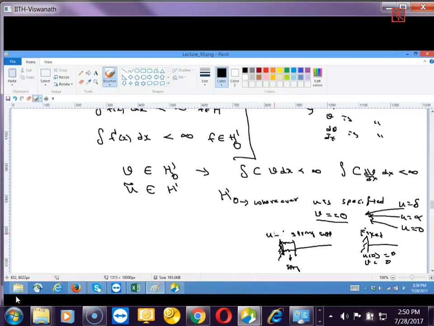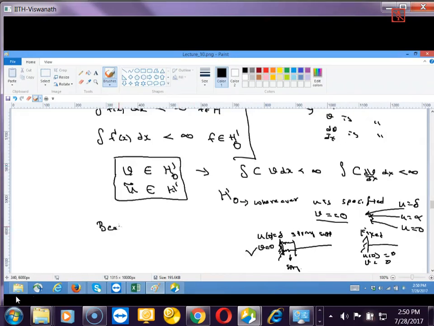This is what your best friend is. So no matter what you specify, either 0 or something else, at the boundary where U is specified, the value of V has to always be equal to 0. That makes your definition of a best friend not any random function, but it has to be this one: if U tilde is in H1, your V has to be in H1 0. Similarly for the beam, this was for the bar.